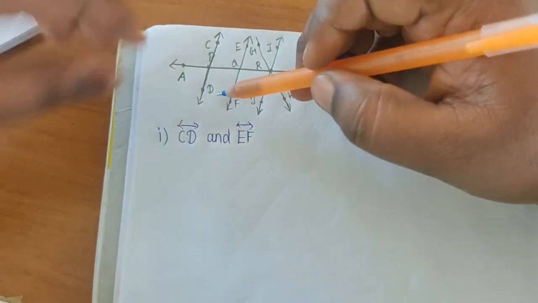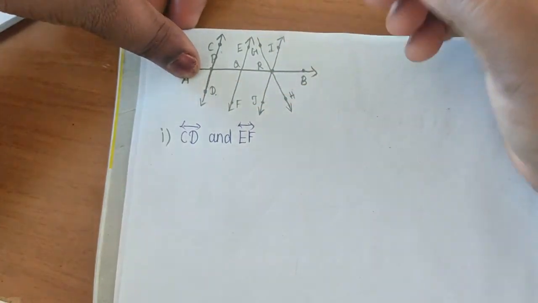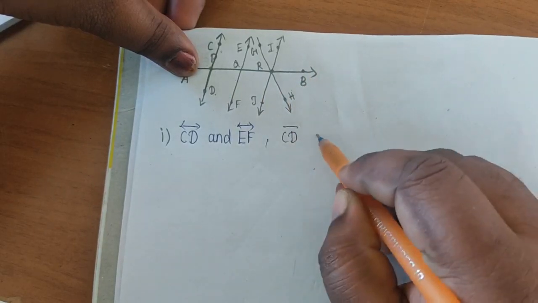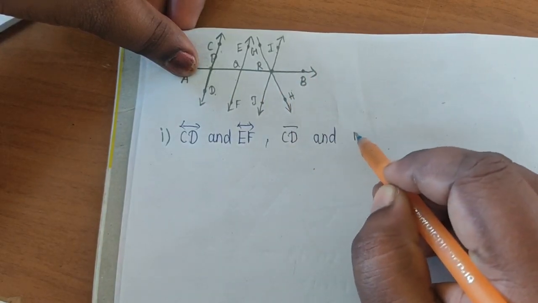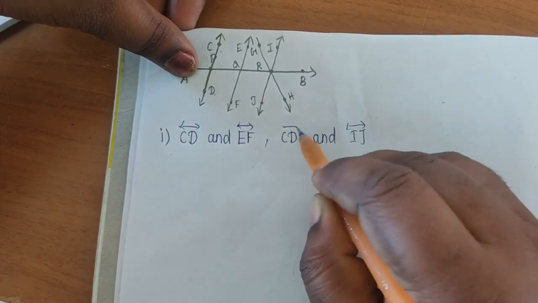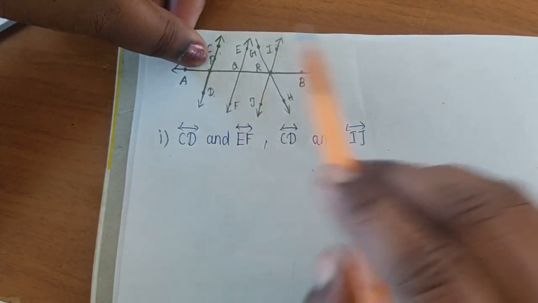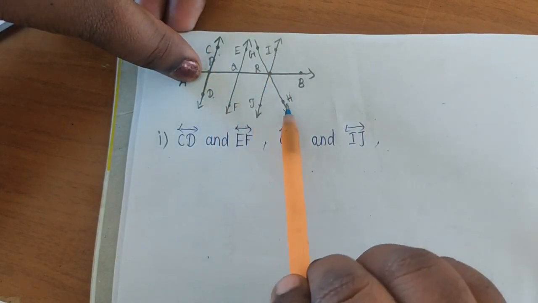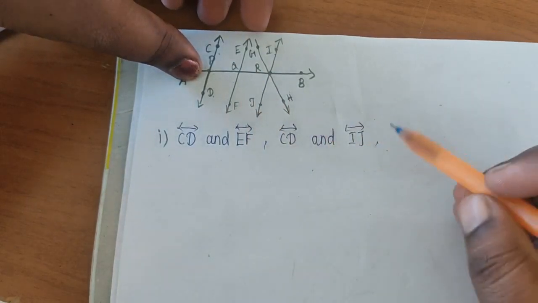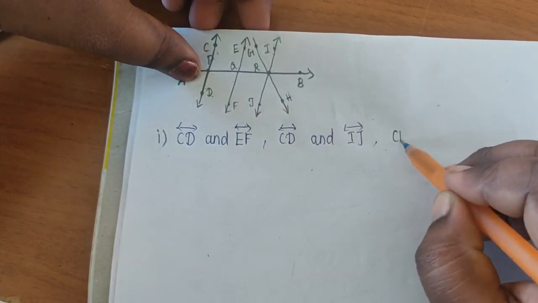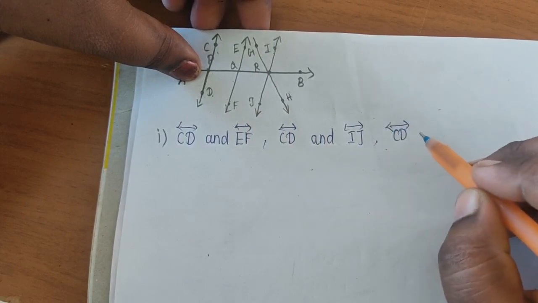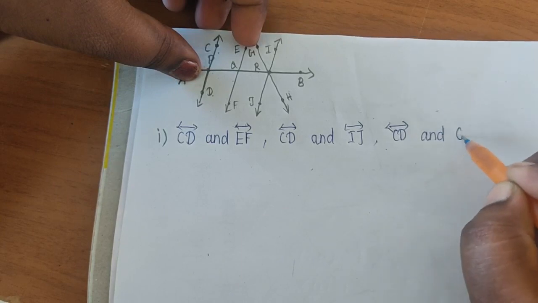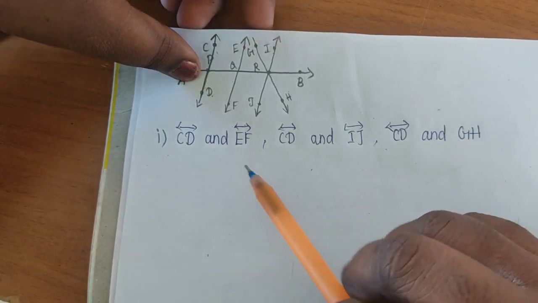Okay, next, CD and IJ. Next, CD and GH, without touching. So CD and GH.